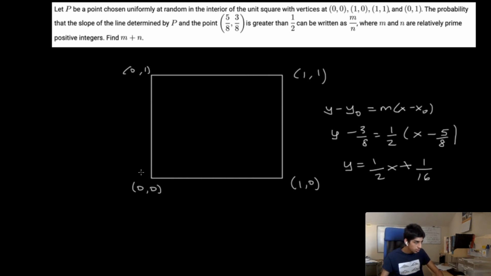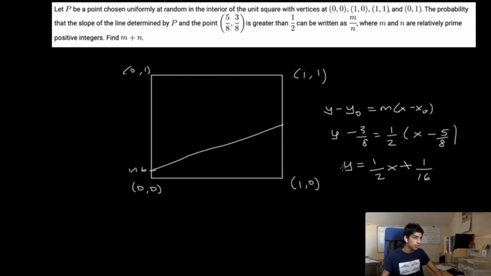So let's say that over here is 1/16. So this is our initial point of the line, and then it's just going to go like that. So this line isn't that straight, but it will do.